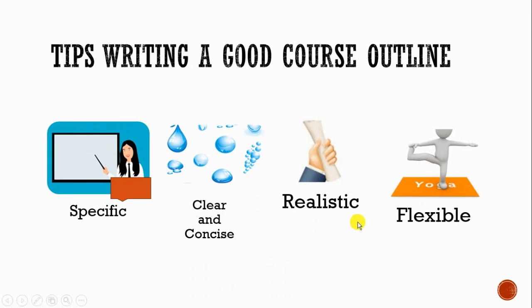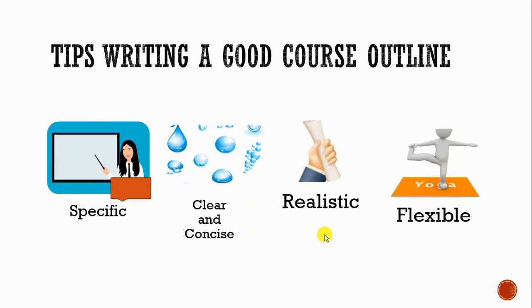And then they should be realistic. What we are talking about is that what you have planned should be achievable within the given time frame. So that's what we mean by realistic. So you need to plan properly. And this planning starts from your learning plan.